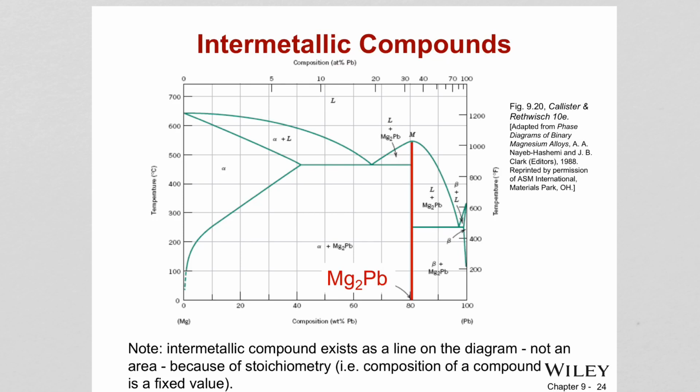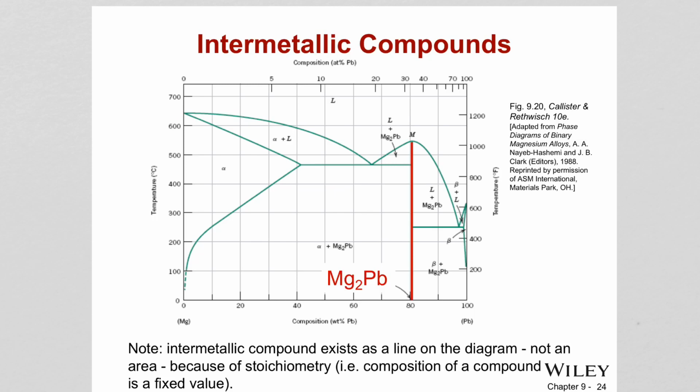So for some systems there can be compounds forming rather than solid solutions, and these compounds, of course, the name compounds means they have distinct chemical formula. So a certain number of elements will react with a certain number of other elements. These are called intermetallic compounds.